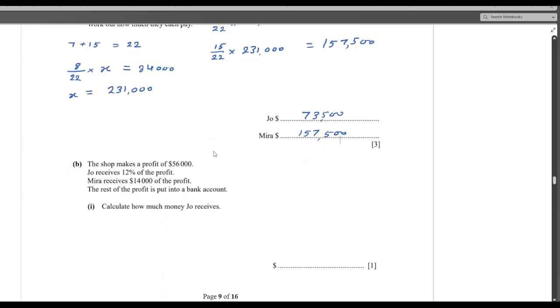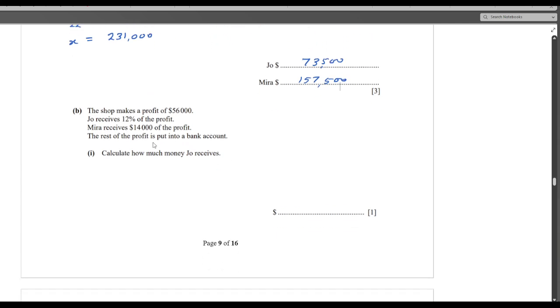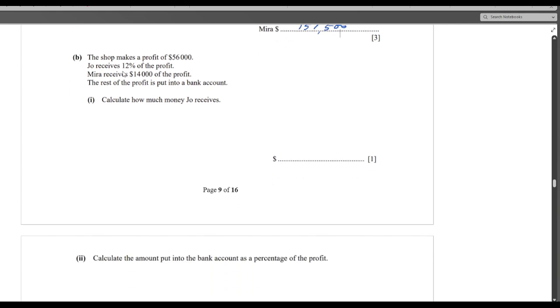B, the shop makes a profit of 56,000. Joe receives 12% of the profit. Mira receives 14,000 of the profit. The rest of the profit is put into the bank. Calculate how much money Joe receives.